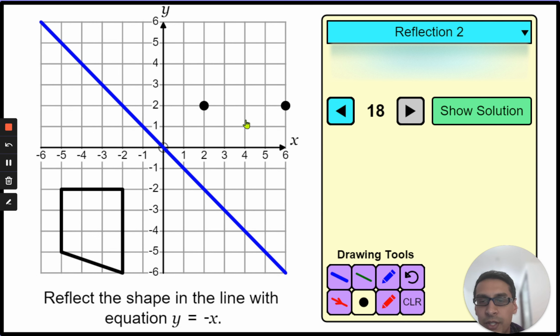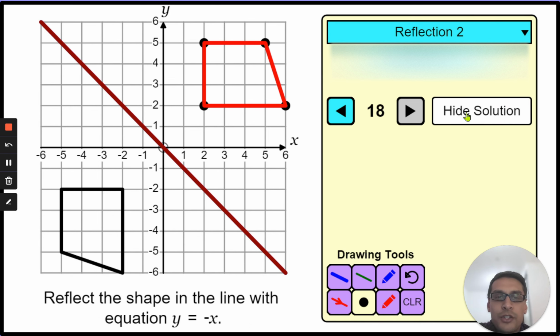Now those 2 points are connected. And then we've got this point here. So 1, 2, 3 and a half diagonals. Half, 1, 2, 3. So that's your point up there. And then this one down here is going to be 1, 2, 3, 4, 5 diagonals. 1, 2, 3, 4, 5. And you connect them up together, and then you've got your reflection.